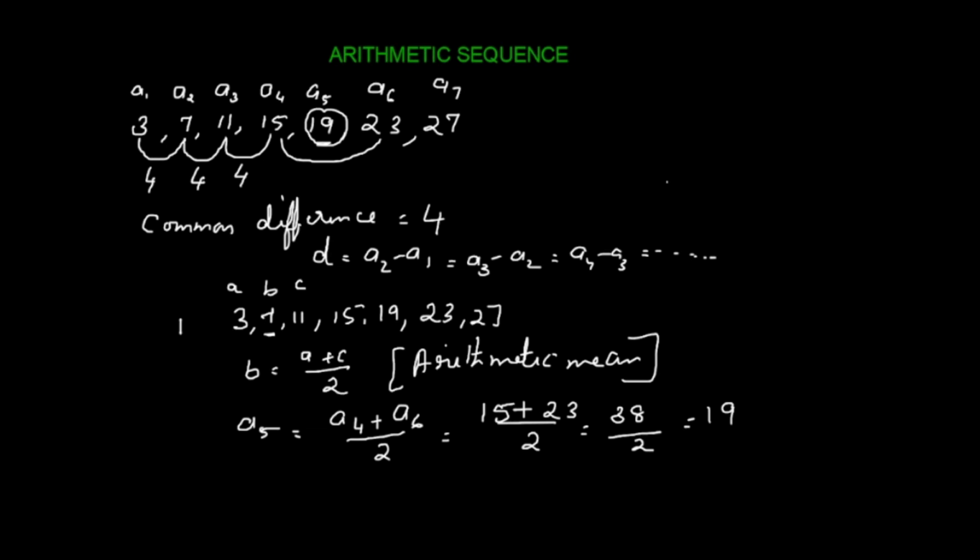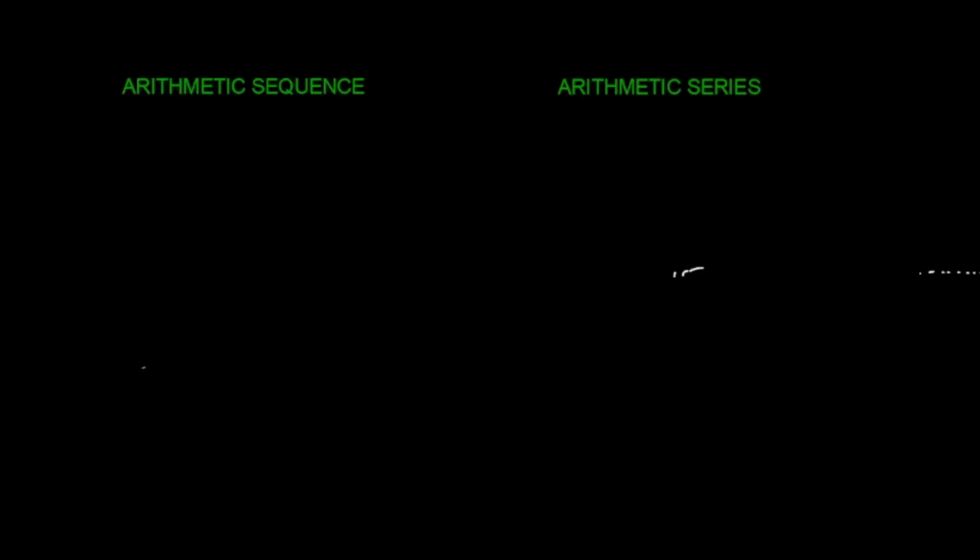What is the difference between an arithmetic sequence and an arithmetic series? A sequence is basically a list of numbers like 3, 7, 11, 15, 19, 23, 27. What is an arithmetic series? A series is the sum of the numbers in a sequence.